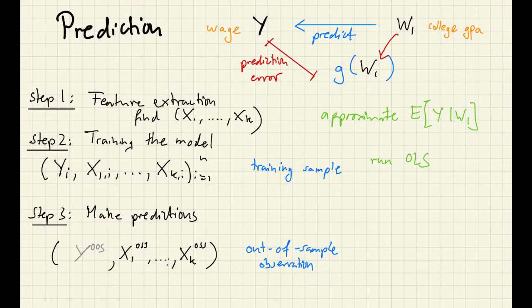In this video, I want to talk about model choice. That means I want to talk about steps 1 and 2 here. So step 1 was feature selection.